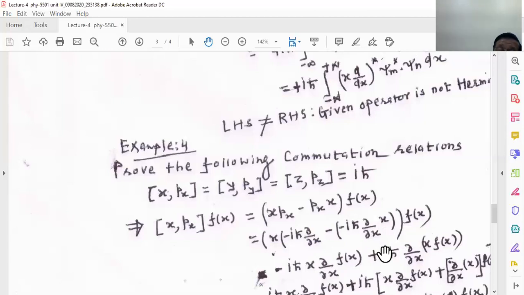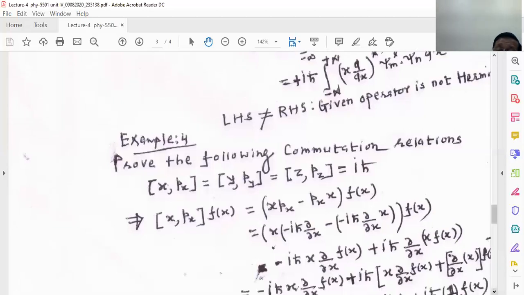So it is nothing but iħ del by del x of x f of x. So you should write x f of x. Right? This is your operand, f of x, and this is your operator. So the operator operates on the operand, so you get this term.